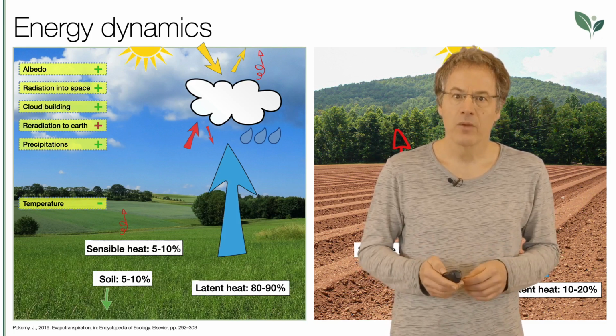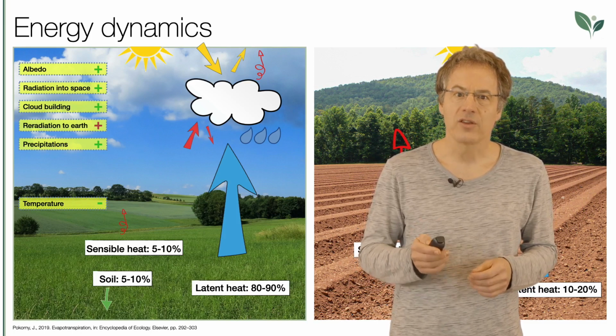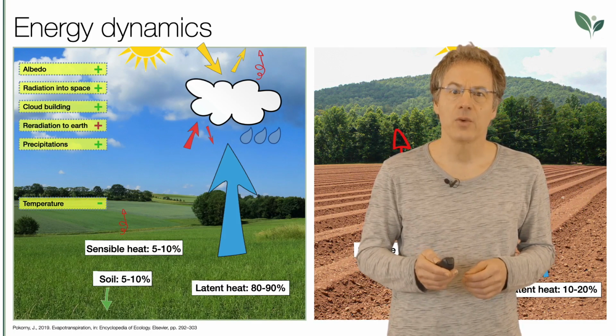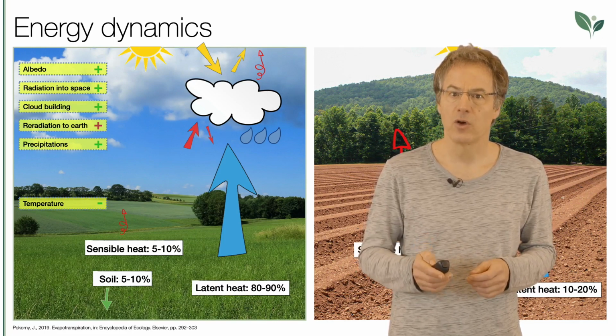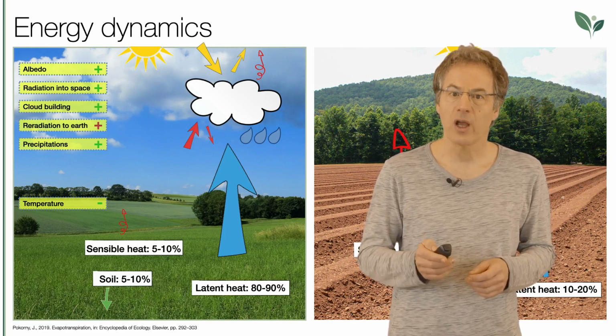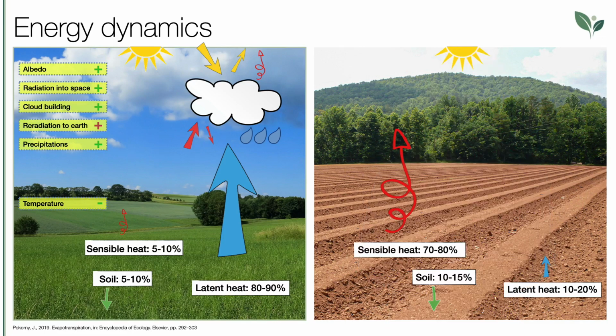In summary, this means that the processes that arise under vegetated areas are not only positive from the point of view of reducing global warming, but also for agriculture. On the other hand, if we look at the picture on the right, the sharp increase in sensible heat leads to increased soil temperatures and increased temperature of the air layers close to the ground.